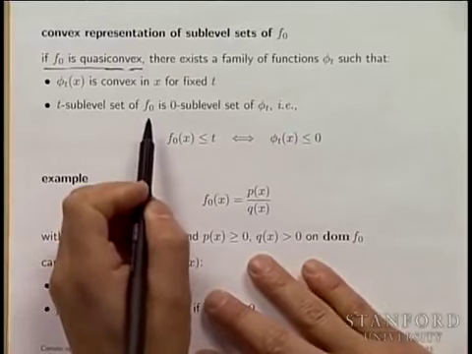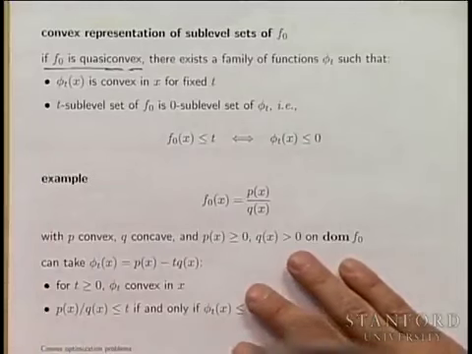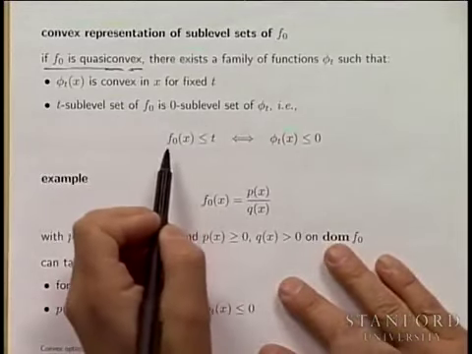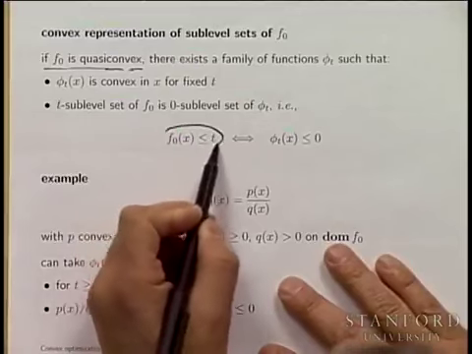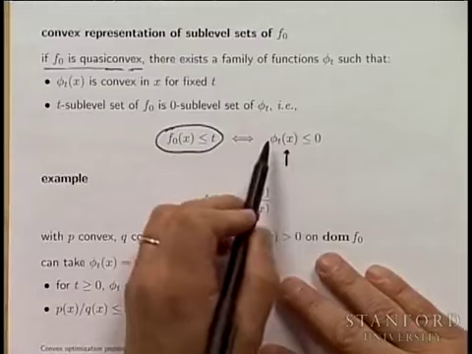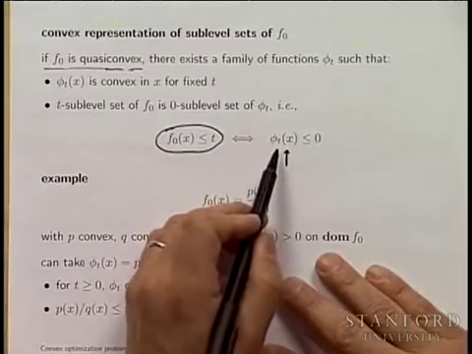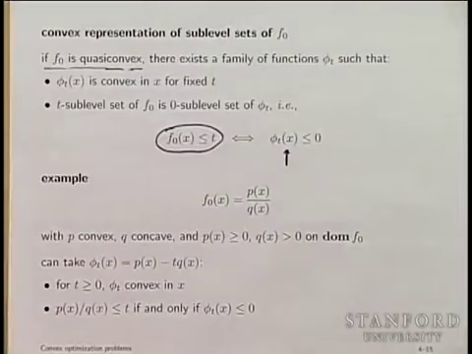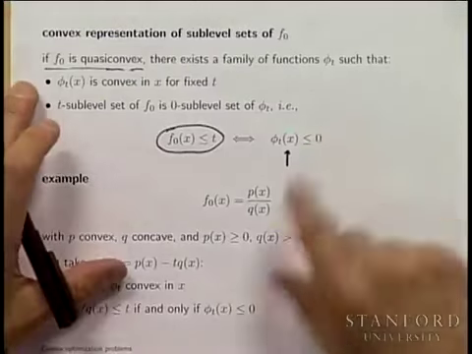You look at the sublevel set, and you write it as one convex inequality, parameterized by t. But you don't have to. It can mushroom into a bunch of convex inequalities. It doesn't matter. You need a convex representation of the sublevel set.